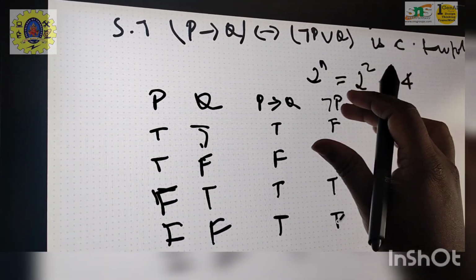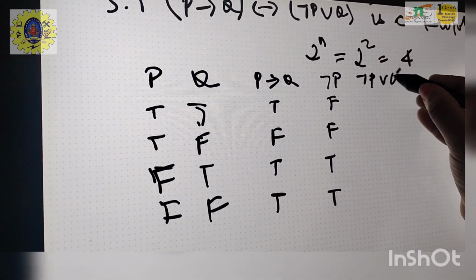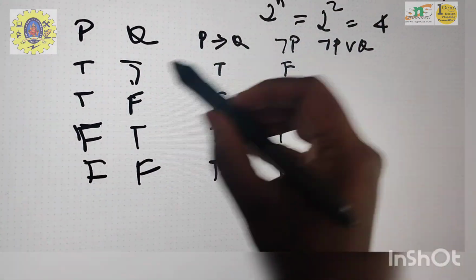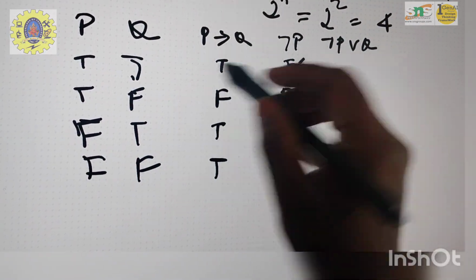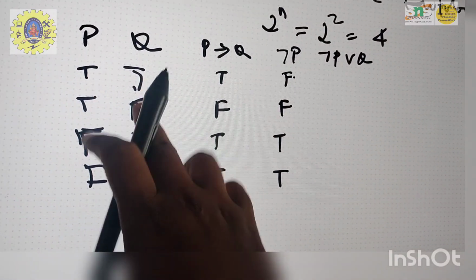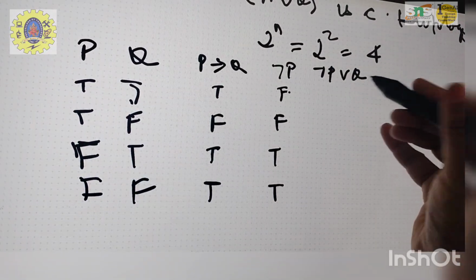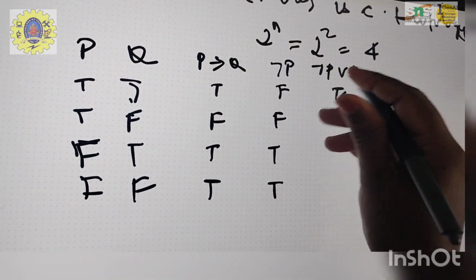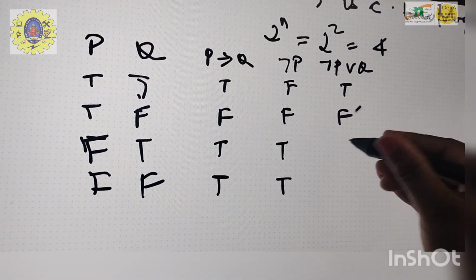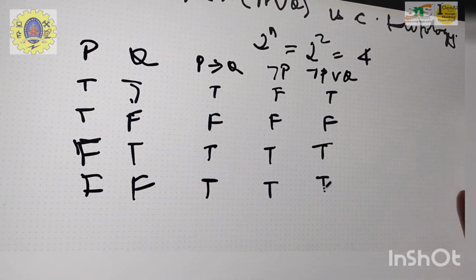Now we are going to find the value of negation P or Q. Whenever or comes, if we have a true within the statement, we have to write true only. So false or true is true, false or false is false, true or true is true, and true or false is true.